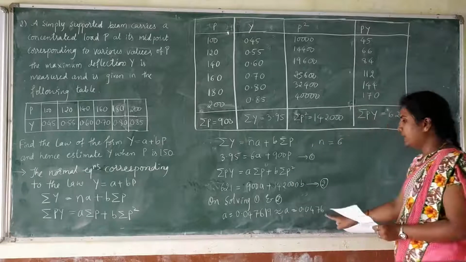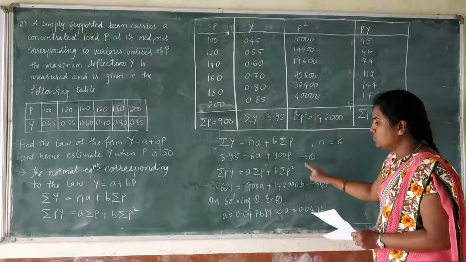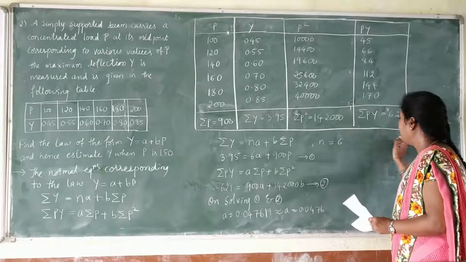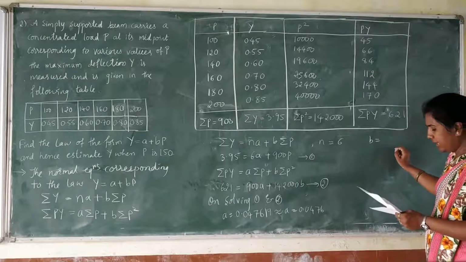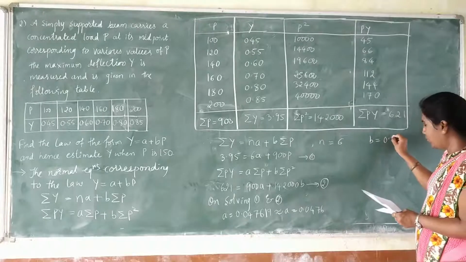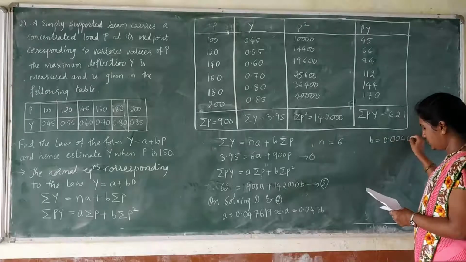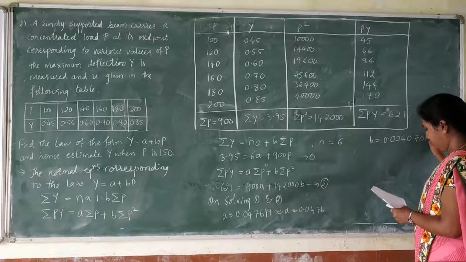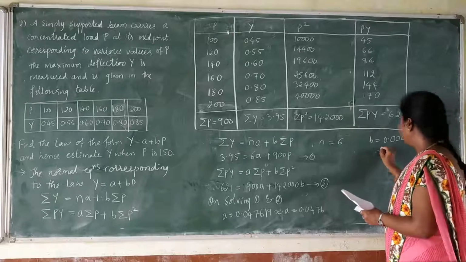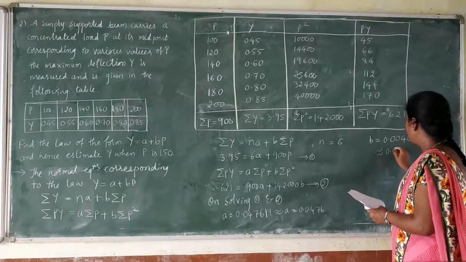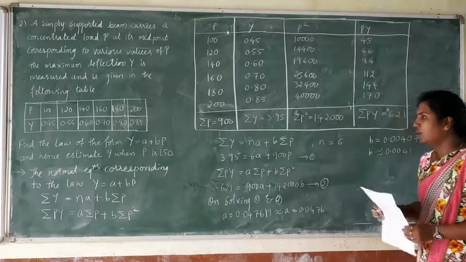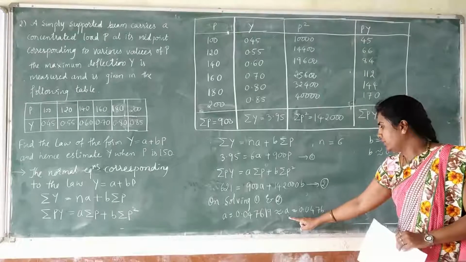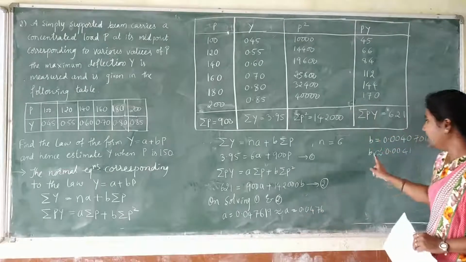Next, substituting the value of a in either of these two equations, we get the value of b as 0.00407014, which is nearly 0.0041. We have obtained the required parameter values a and b.